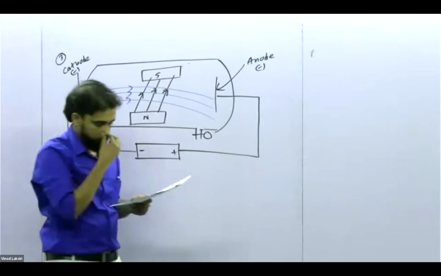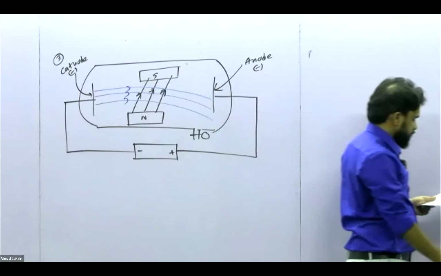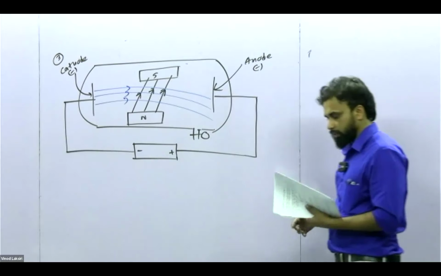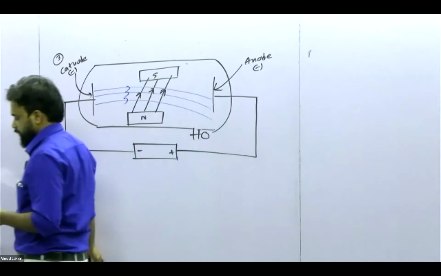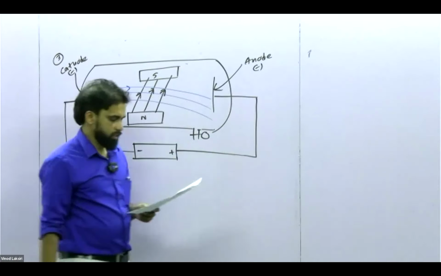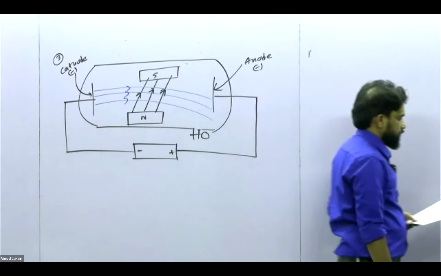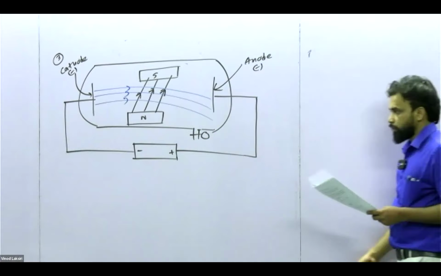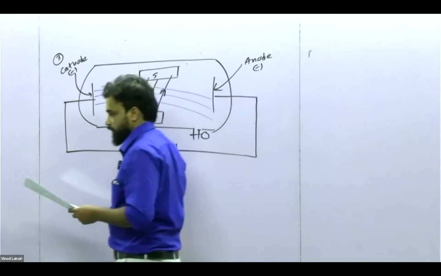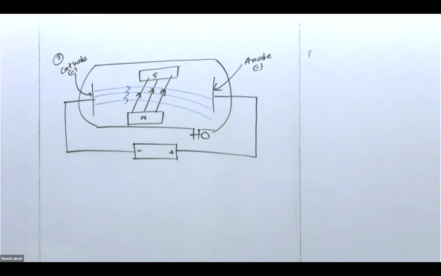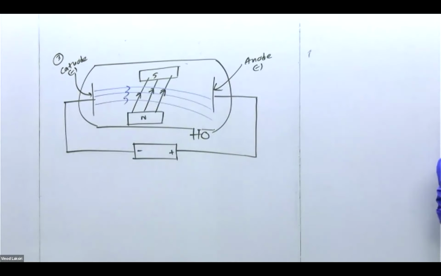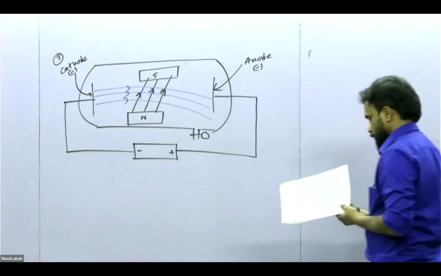Therefore, it was concluded that cathode radiation does not possess magnetic property.